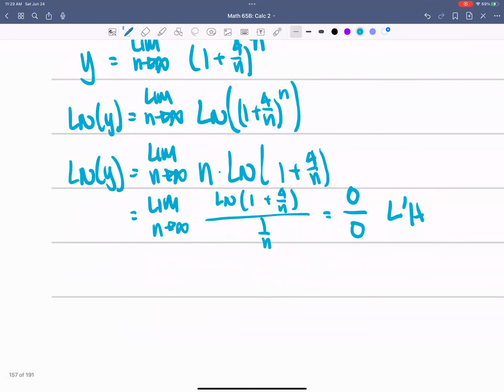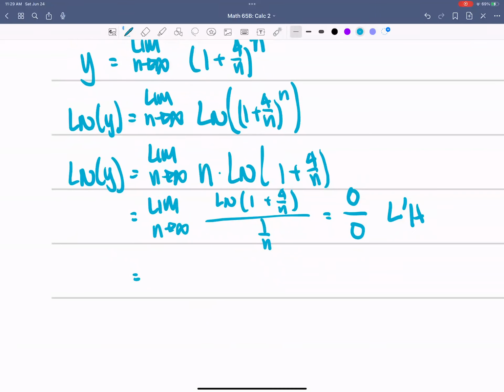So let's take the derivative of both. That's the limit as n approaches infinity of the derivative of the numerator, which is just going to be what we have on the inside, 1 plus 4 over n, to the negative 1, times the derivative here, because we have n applied right there too.